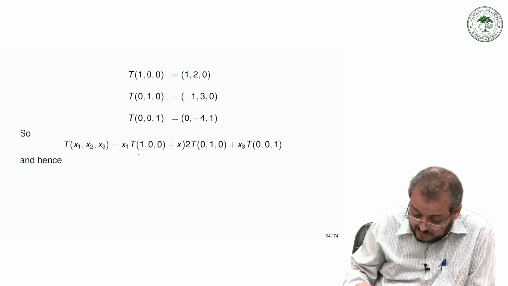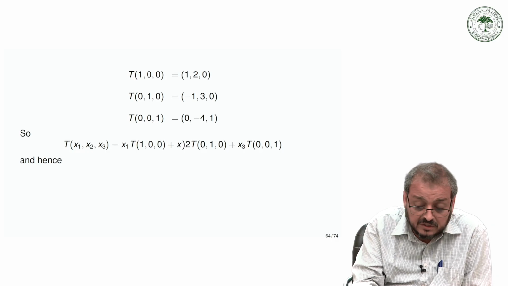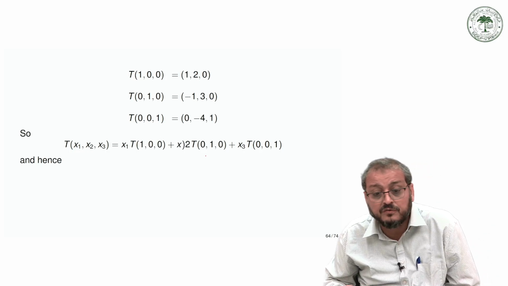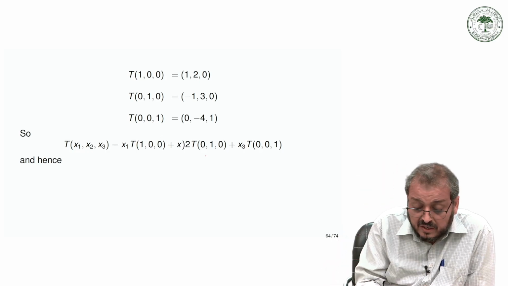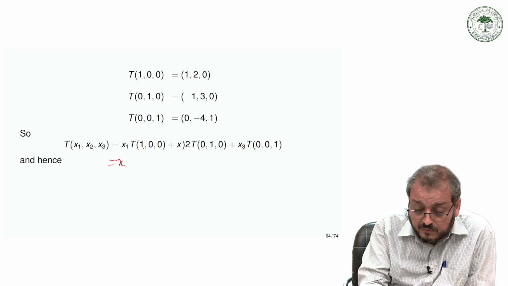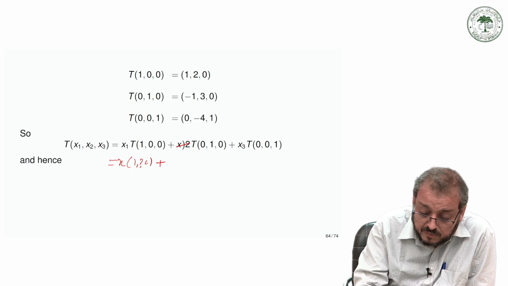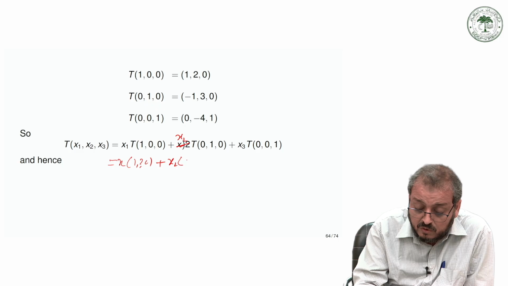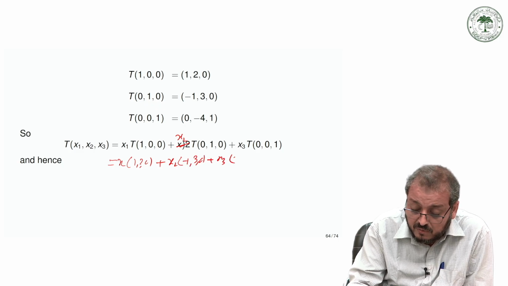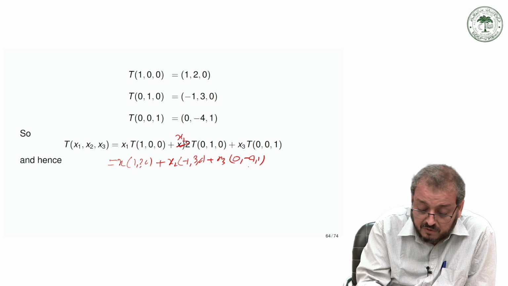Now we have to substitute the values for all these: T of e1, T of e2, T of e3. Then we can say that this can be written as x1 times T of e1, which is (1, 2, 0), plus x2 times T of e2, which is (-1, 3, 0), plus x3 times (0, -4, 1).